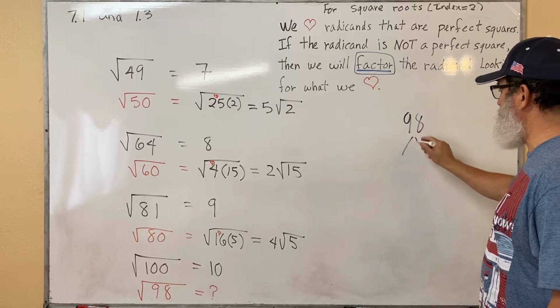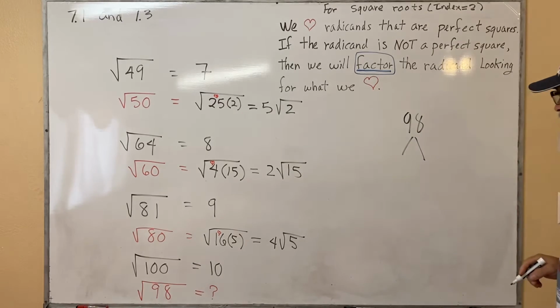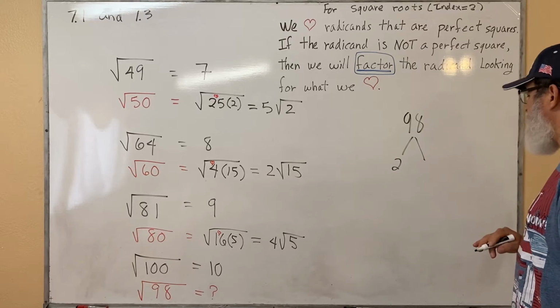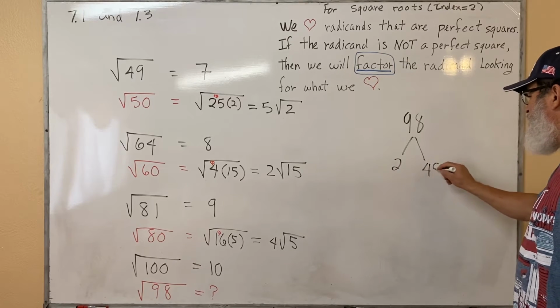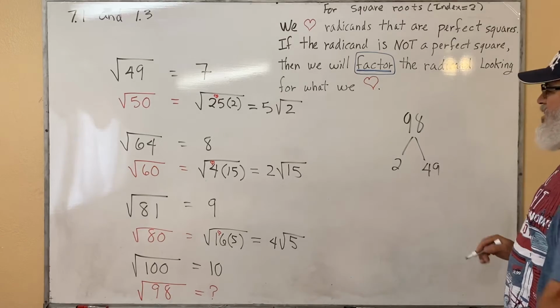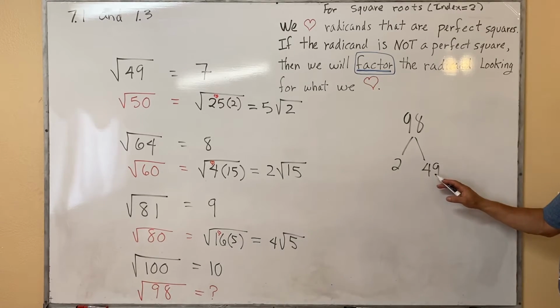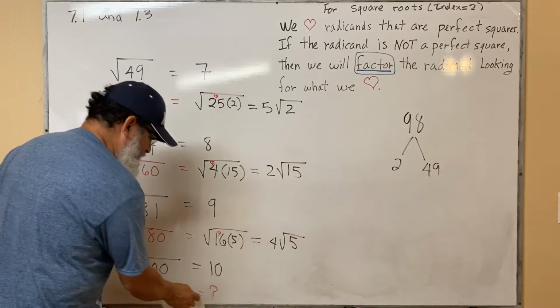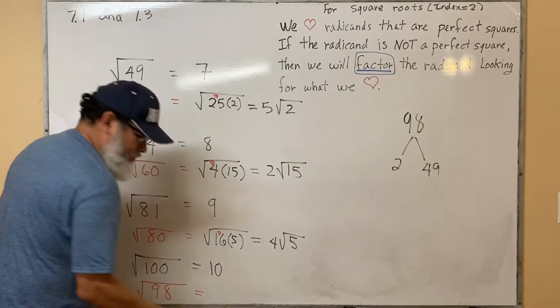Well, let's start with 2. 2 times what gives you 98? 2 times 49. Hey, right away. 49 is a perfect square. So therefore, good class, watch this.